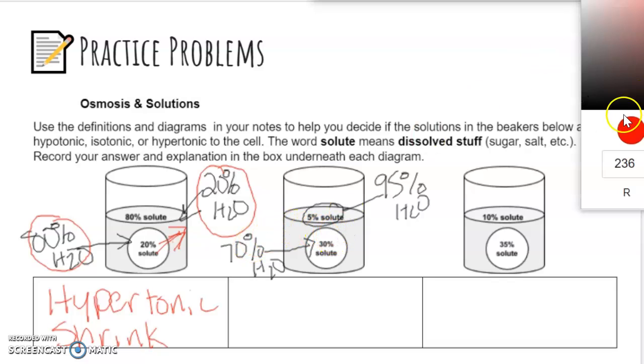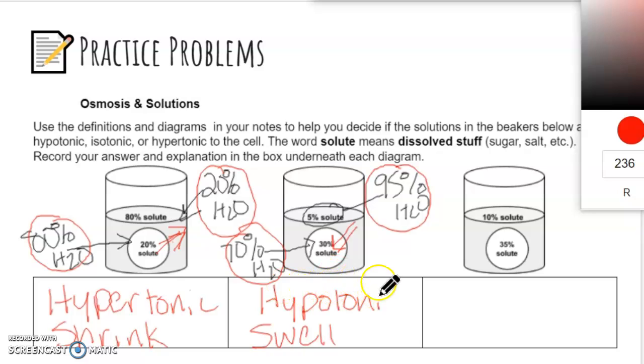Again, I'm trying to find out which way the water is going to move. And the water moves from an area of high concentration to an area of low concentration. So 95 is greater than 70. So water is going to flow into the cell, and it's going to get bigger. So it's going to swell. In this case, we have a hypotonic solution because water is moving into the cell.